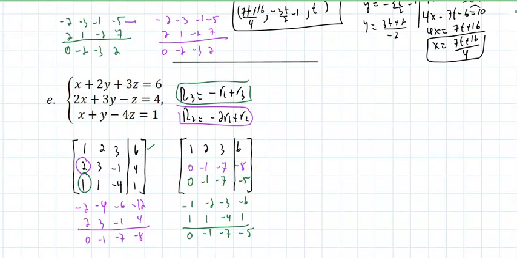Now, if I take those two rows and make that a 0. So if I let row 3 equal negative row 2 plus row 3, what would happen?